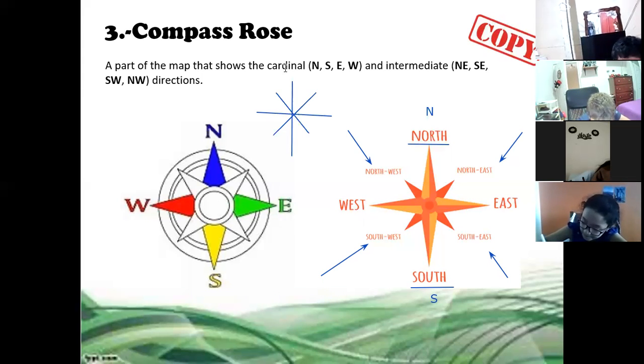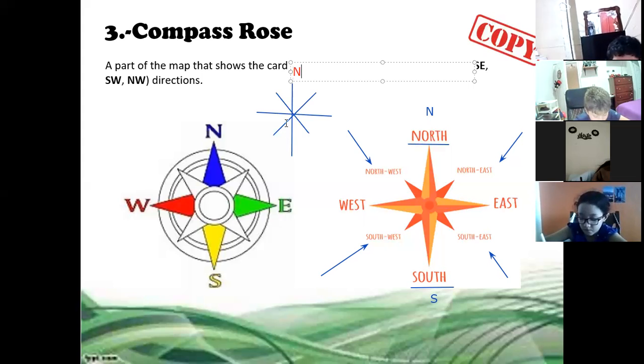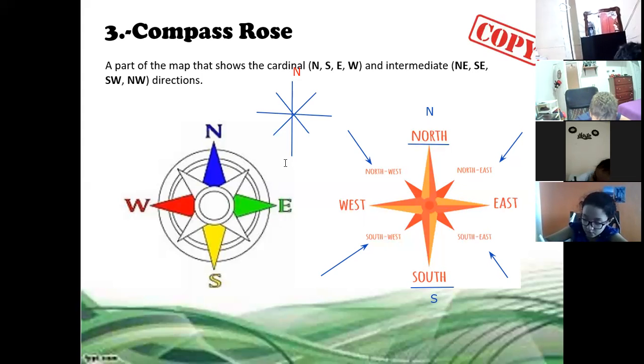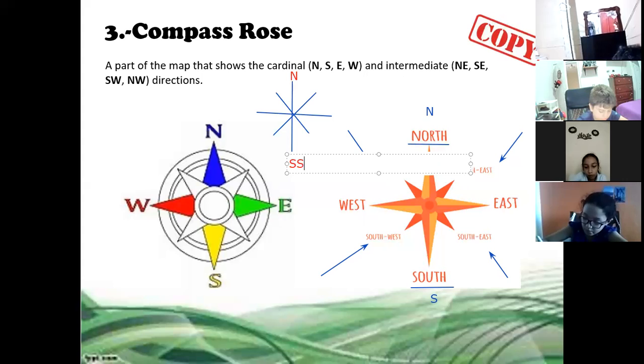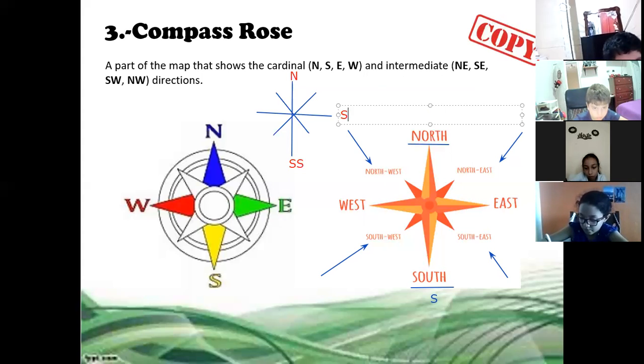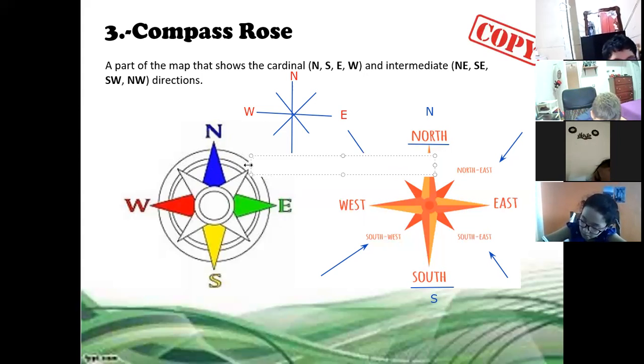You only write the letters here, the abbreviations: north, south, east, and west. So you have to complete here. Here, for example, in this one is northeast.